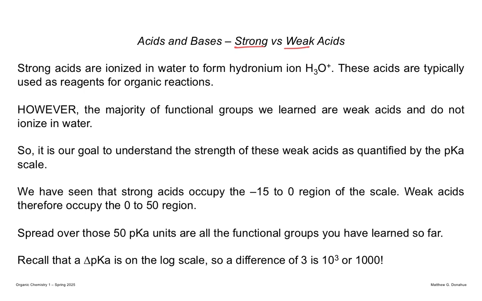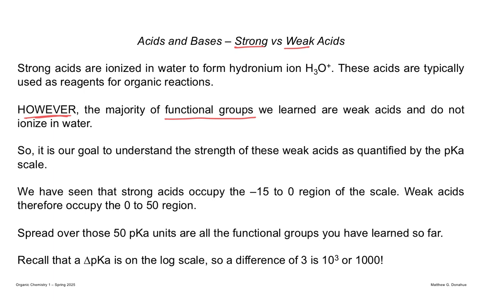But now here is the main issue. However, the majority of functional groups that you learned are weak acids. And so to understand relative to one another what is the strength of those weak acids, we have to use the pKa scale.